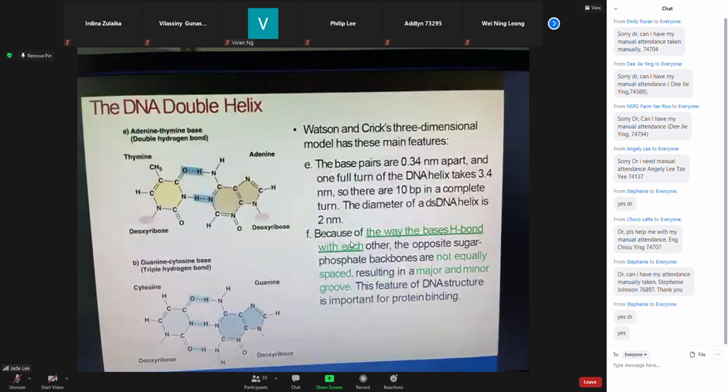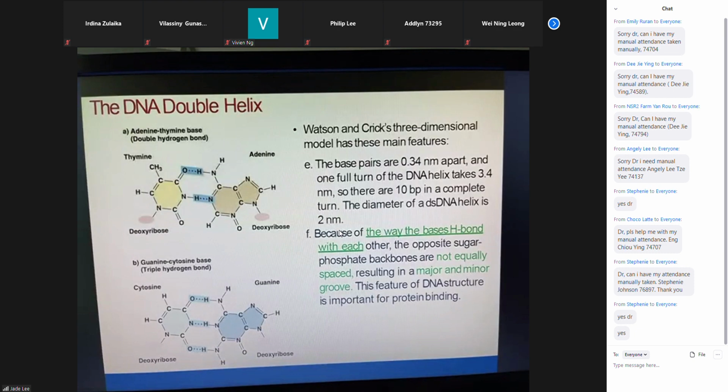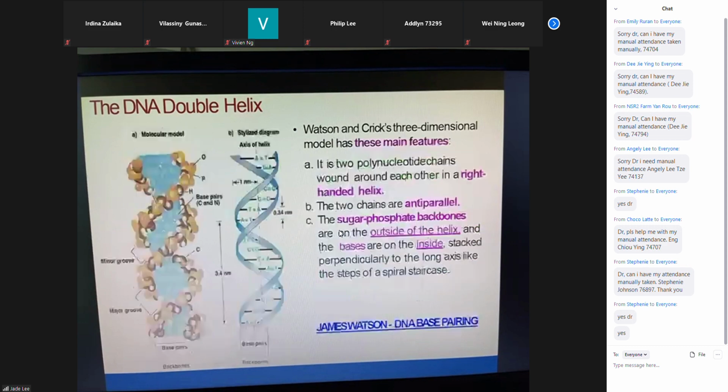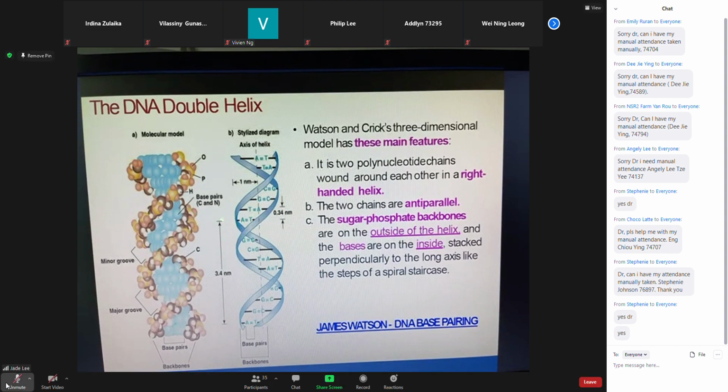So these base pairs are 0.34 nanometers apart, and a full turn of the DNA helix takes 3.4 nanometers, so there are 10 base pairs in a complete turn. The diameter of the double-stranded DNA helix is 2 nanometers. As I said just now, this is the complete turn, from here to here.